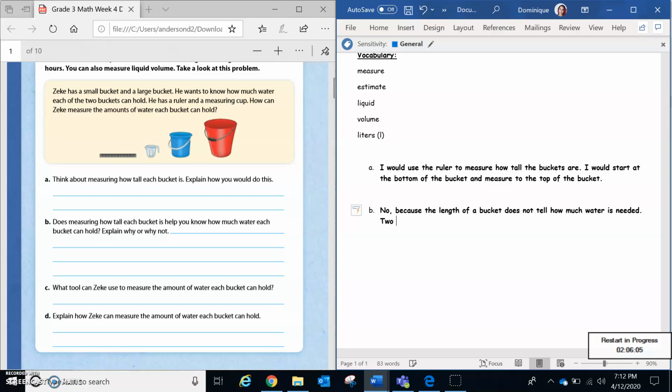Say 2 buckets can have 2 different lengths, but hold the same amount of water. All right, good job, guys. Again, pause if you need to take some time to write.